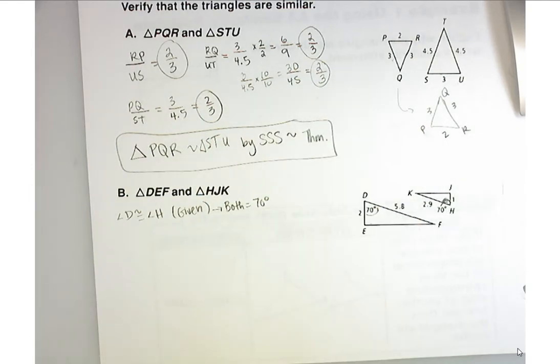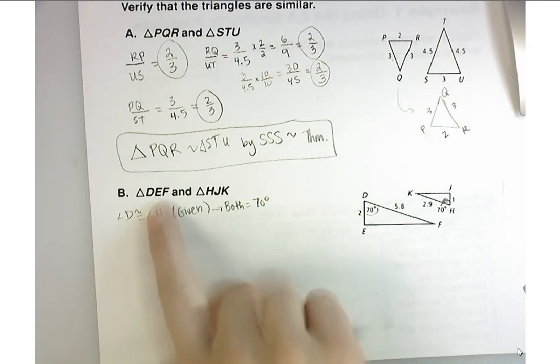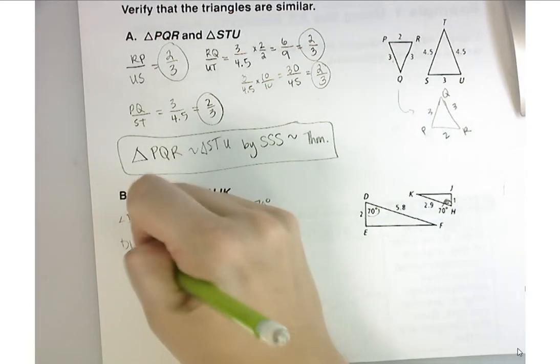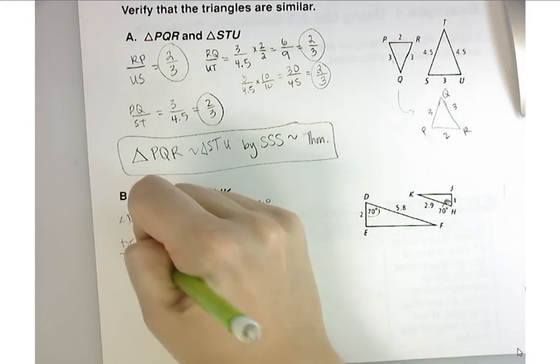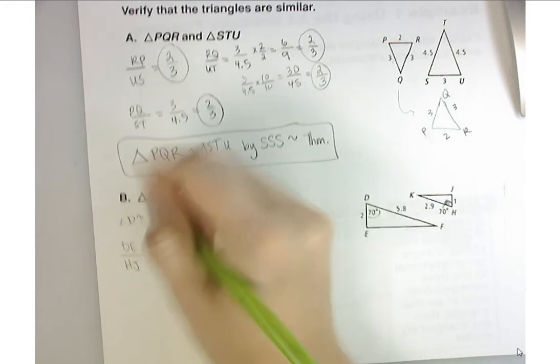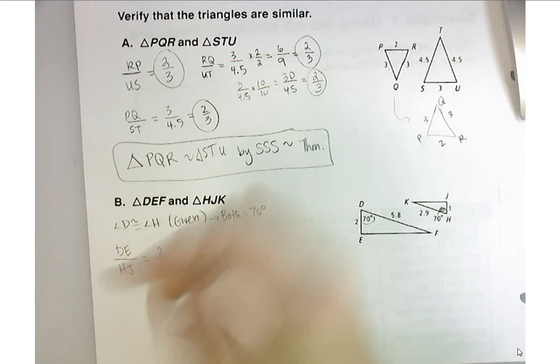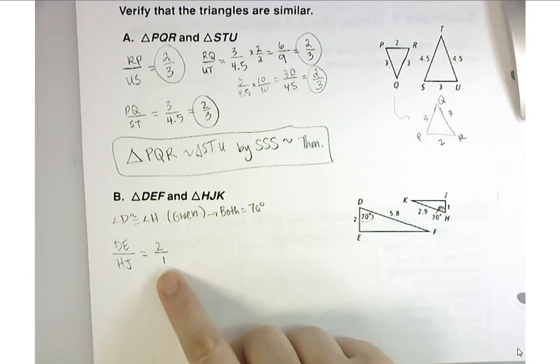Okay, and then the next thing I have to do is show that my two sides are proportional. So I'm going to start with DE, and I have DE over HJ. So DE is 2, HJ is 1, so my ratio would be 2 to 1.